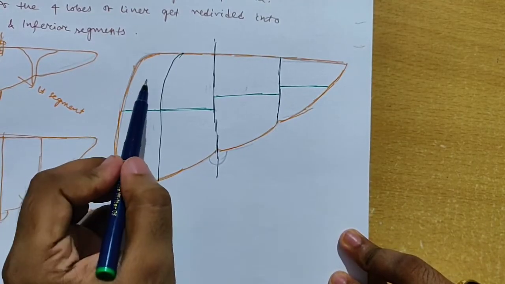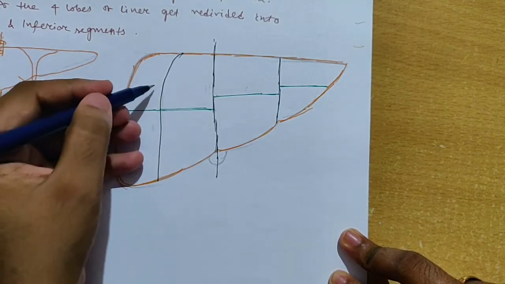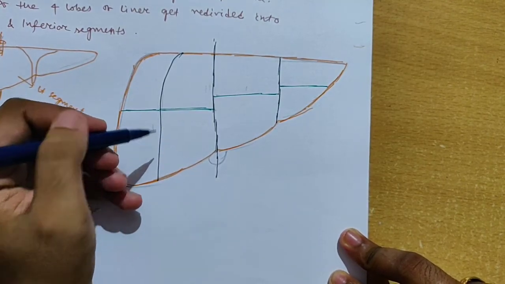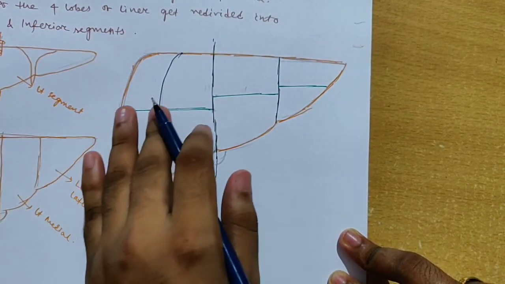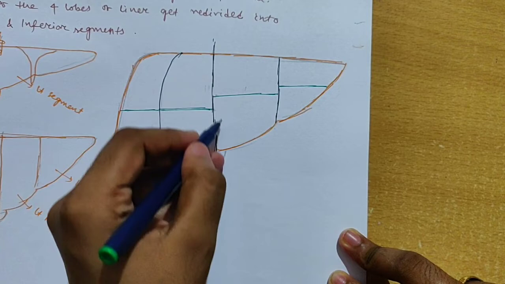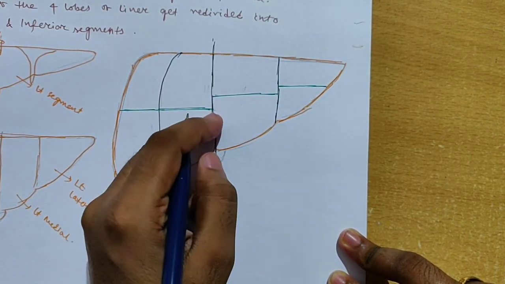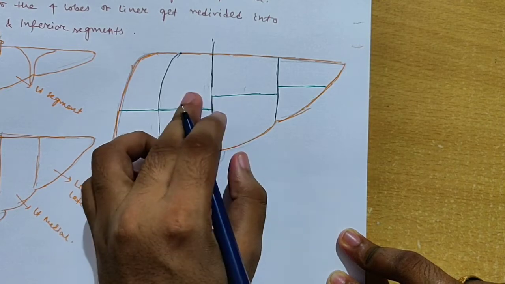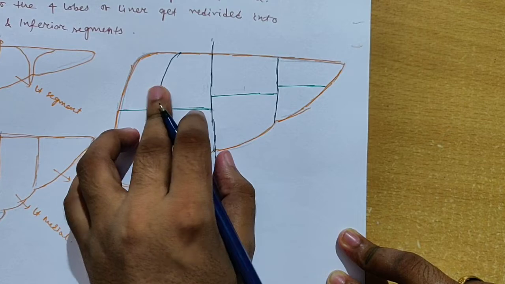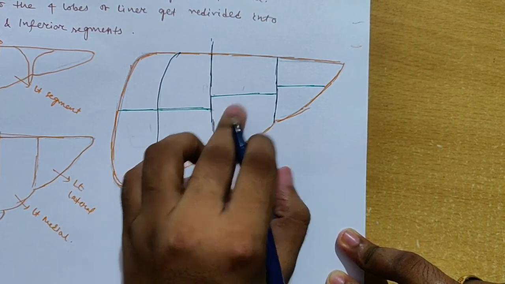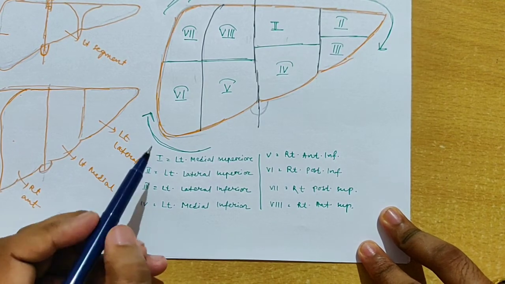And now all the 4 segments are redivided into superior and inferior segments, giving rise to 8 segments, based on the transverse plane passing through the bifurcation of the main portal vein, where the portal vein bifurcates into right portal vein and left portal vein. The right portal vein enters into the right lobe of the liver and the left portal vein enters into the left lobe of the liver.